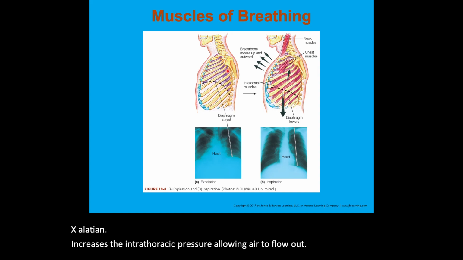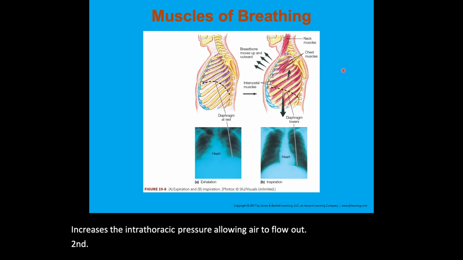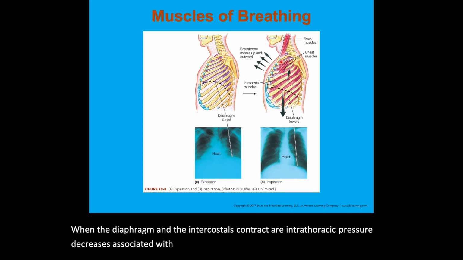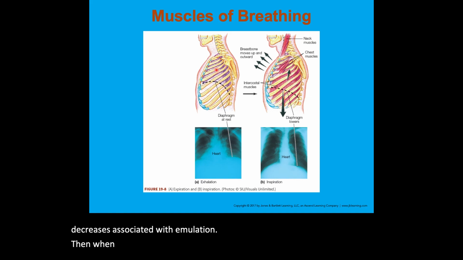Second, the other important thing you need to know, when the diaphragm and the intercostals contract, our intrathoracic pressure decreases associated with inhalation. Then when our diaphragm and intercostals relax, intrathoracic pressure increases, causing air to flow out.